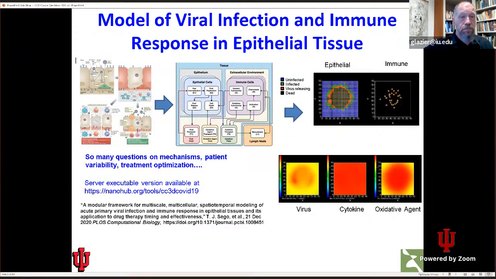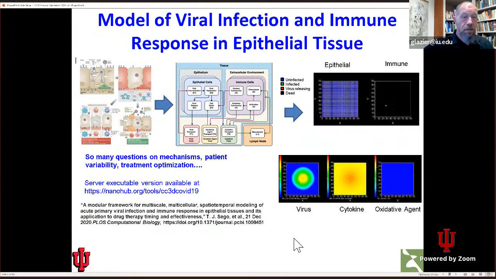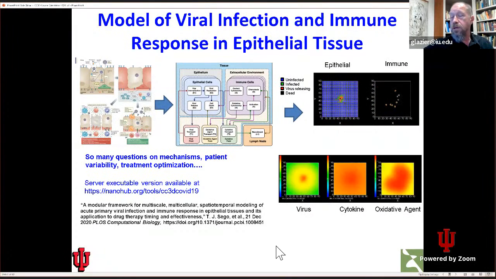As we know, if you have a disease like influenza, the symptoms that you experience are actually not caused by the virus itself. They're caused by our immune response to the virus. Of course, if we didn't have the immune response to the virus, we'd die from the virus. But the balance there is quite complicated. And this is the kind of methodology one can use to investigate those kinds of questions.